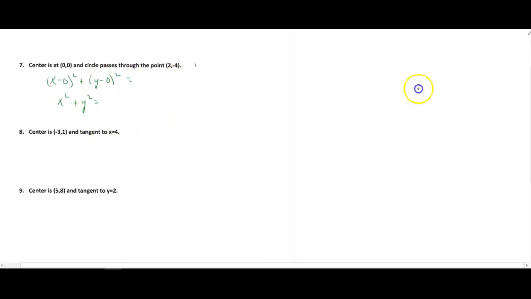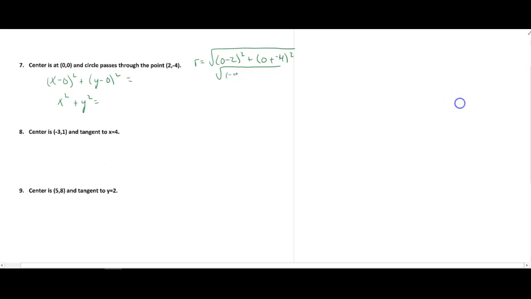So now I have to find the radius using the distance formula. So the square root of (0 minus 2) all squared plus (0 minus negative 4) all squared.